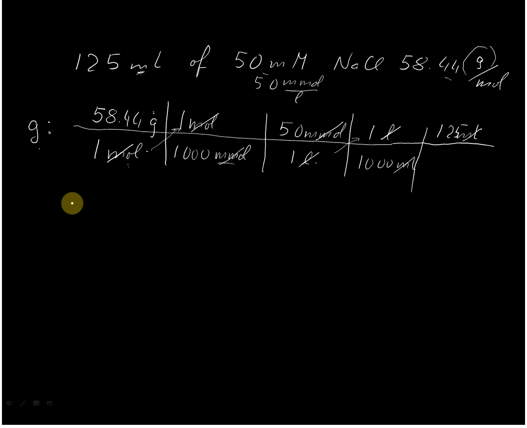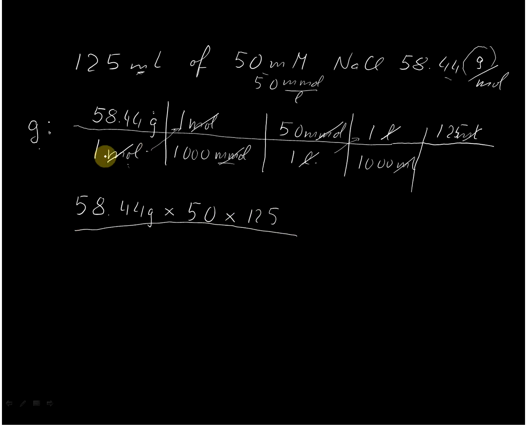So what do we need to do? We just simply write down what we've got left, 58.44 gram. We always take the units with us. Times, we can completely ignore this part here. We have 50 here, times 50. We can ignore this one here, times 125. Divided by, what have we got left?